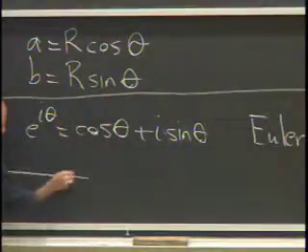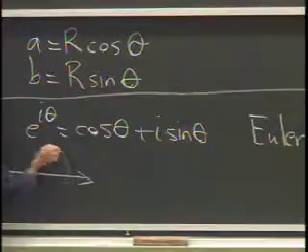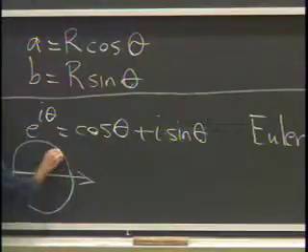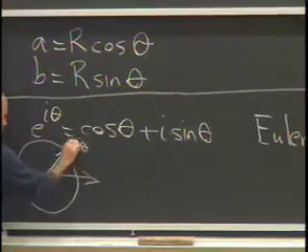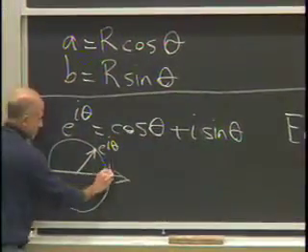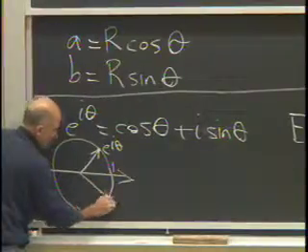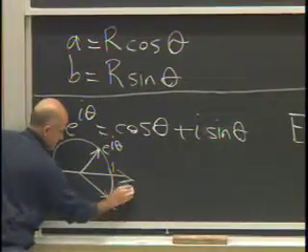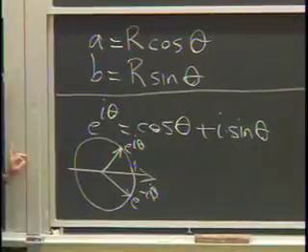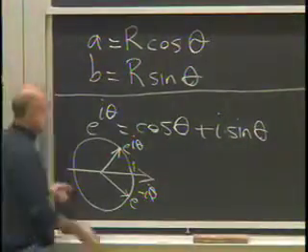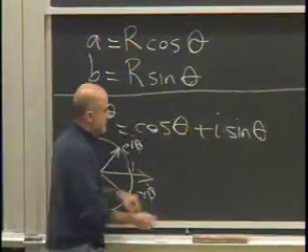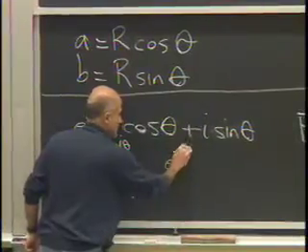If e to the i theta, so this is my unit circle, e to the i theta is sitting here. Okay? e to the minus i theta sits here. What is the expression in terms of cosine and sine for e to the minus i theta?